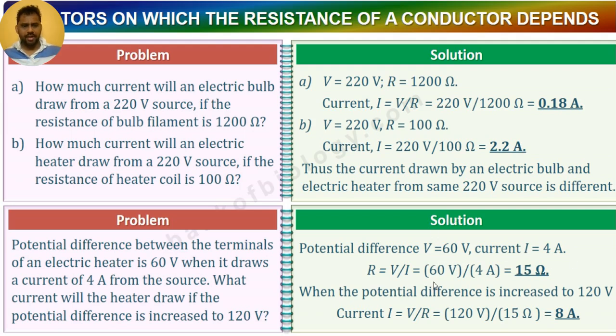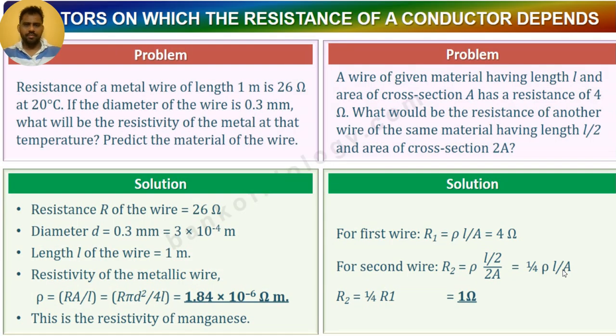R is V by I, 60 by 4, so 15 ohms is the resistance. Now potential difference is increased to 120 volt, so I is V by R, 120 volt by 15 ohm, resistance remains the same, so 8 ampere current is drawn.